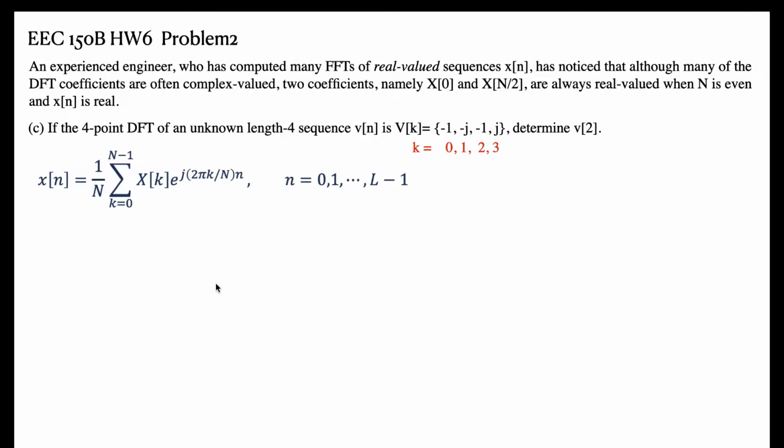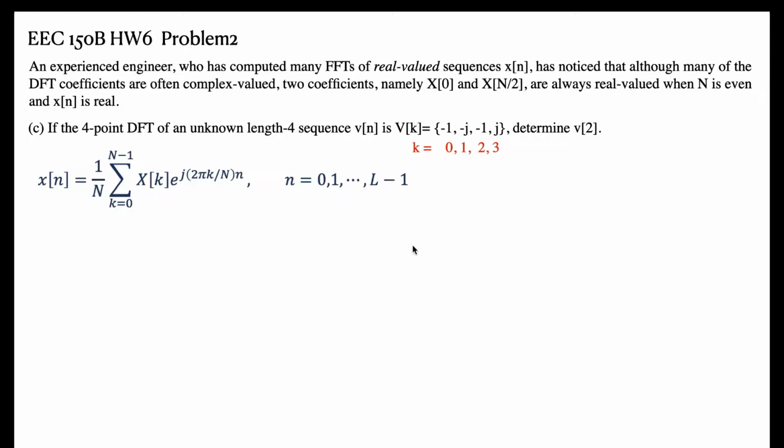And in part C, it's an inverse DFT problem. So from the class, you have learned that x[n] can be written down like this. By using the definition of inverse DFT, you can write down v[2] with V[k] equals -1, -j, -1, and j, which is a 4-point DFT sequence.